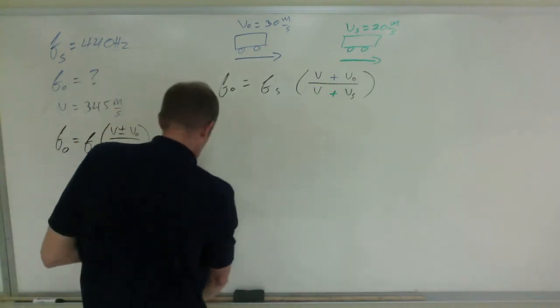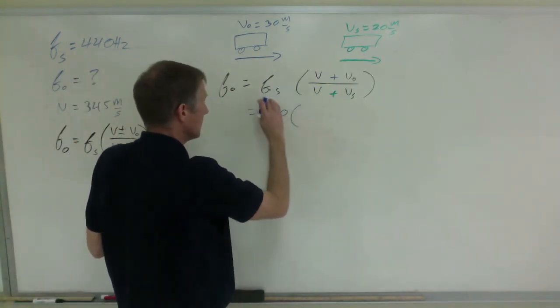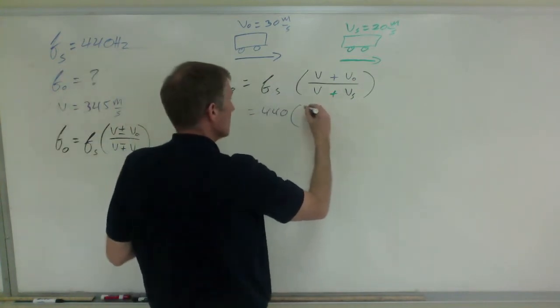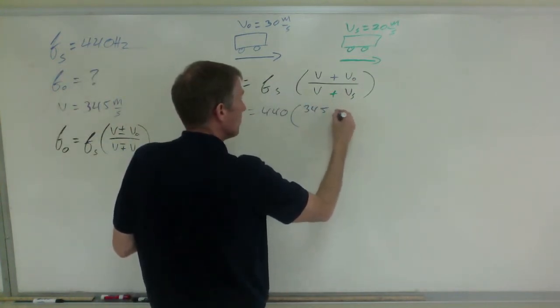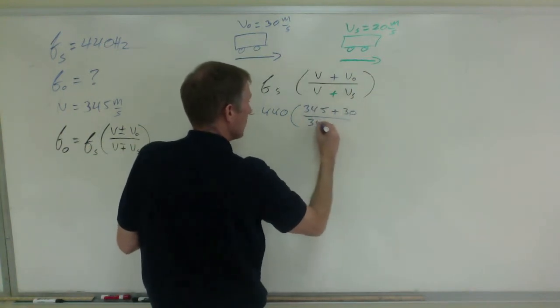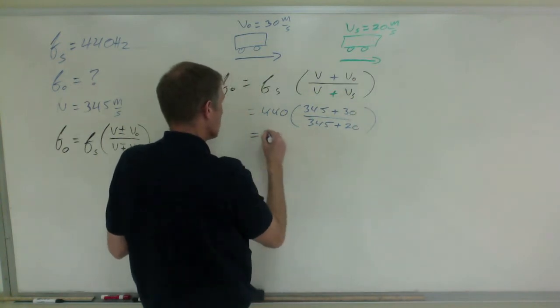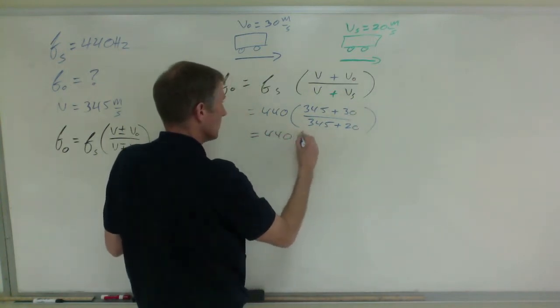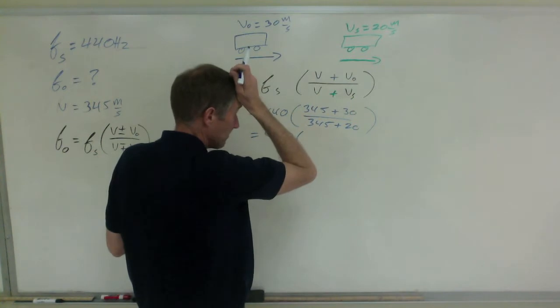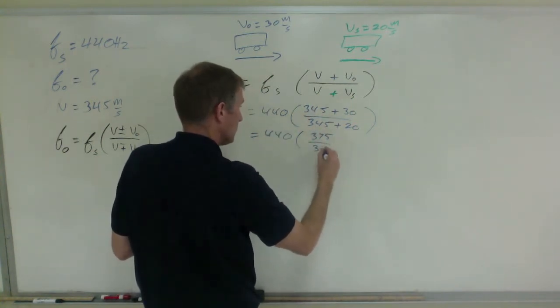Okay, so now let's put in the numbers. 440 for the actual frequency, 345 plus 30, over 345 plus 20. So 440 times, what's that? 375 all over 365.